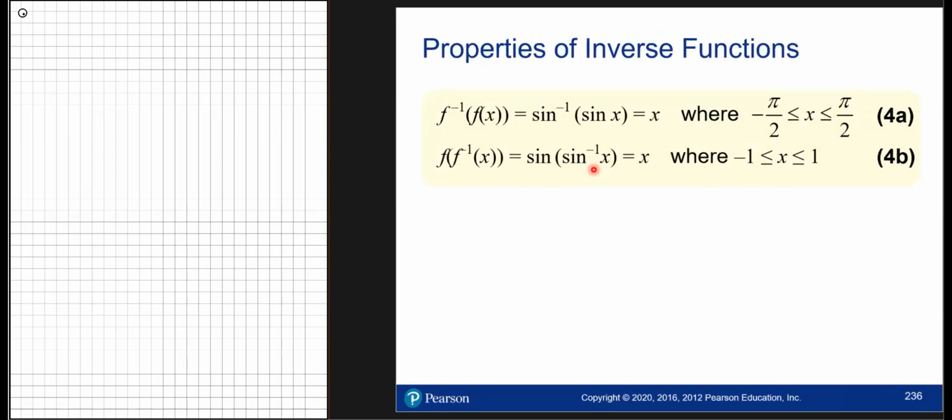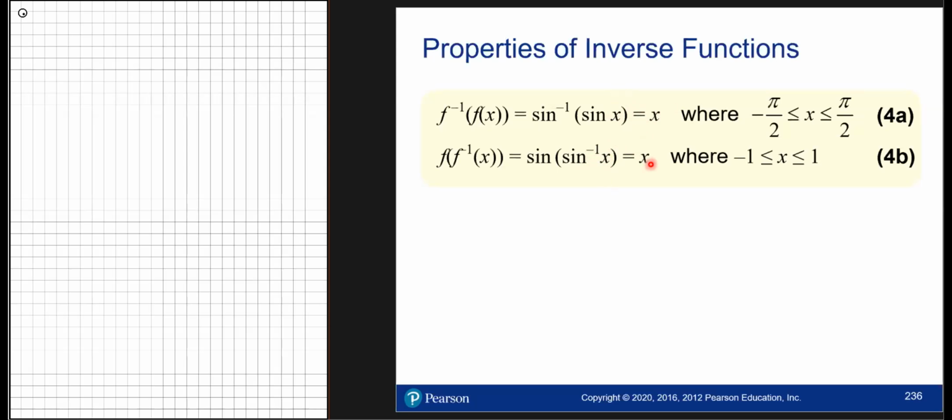So if I put 0.5 in for x here, then I'll get 0.5 back out again. If I put a negative pi over 4 here, I'll get negative pi over 4 back again. No, I said that wrong. This one is with the negative pi over 4, and this one is with the 0.5 and 0.5.